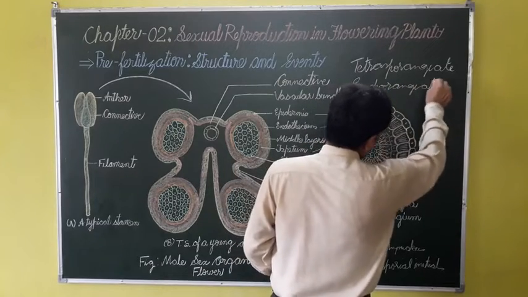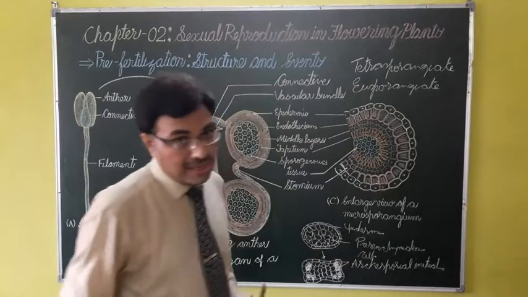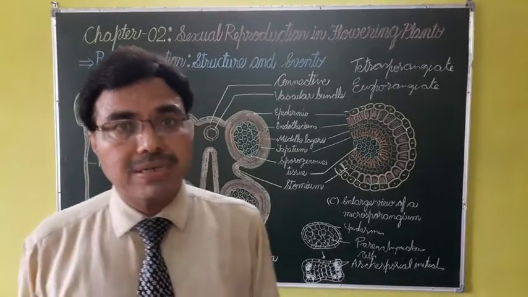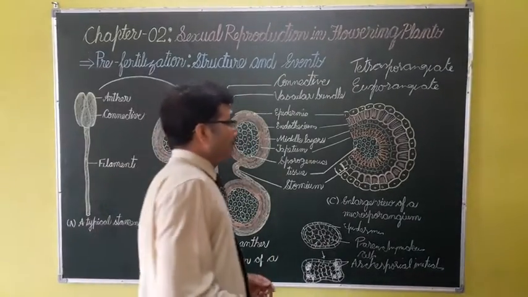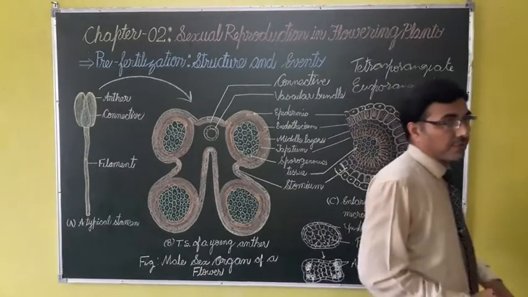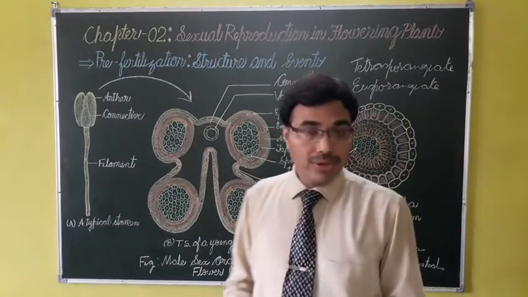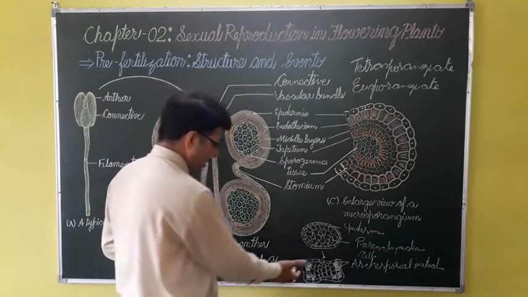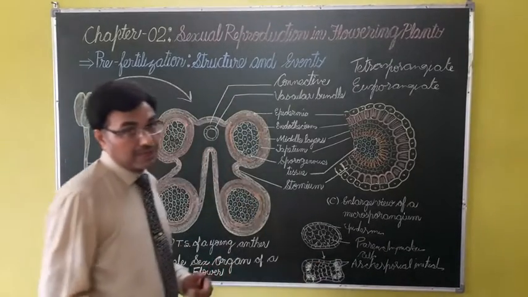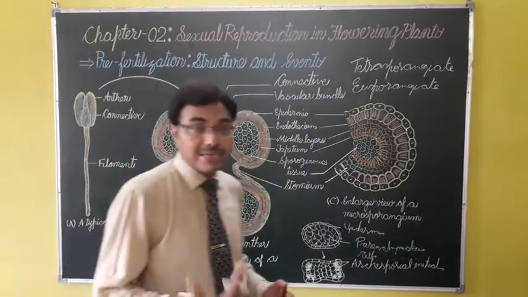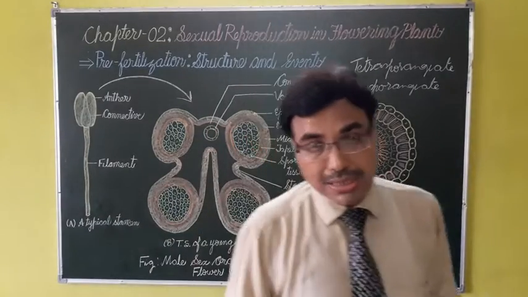What is the meaning of eusporangiate? Anther is eusporangiate. What does it mean? Meaning the microsporangia develop from a group of cells. I told you that some hypodermal cells differentiate because of their bigger size, dense cytoplasm and prominent nucleus.